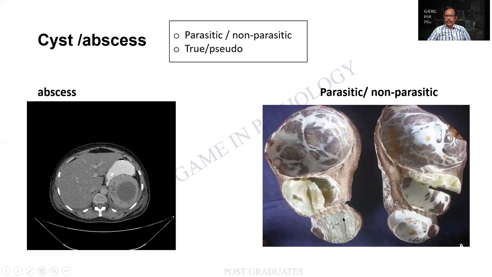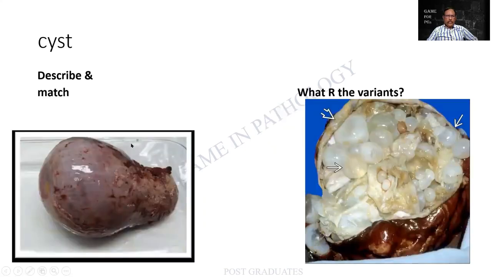Look at the spleen. So I find that there are multiple cystic lesions. The inner wall is quite smooth, so there are multiple cystic lesions. So what can be the differential diagnosis? We shall be seeing. Look at this specimen. Here I find that it is ballooned out, stretched and shiny, whereas here it is dull, probably more solid.